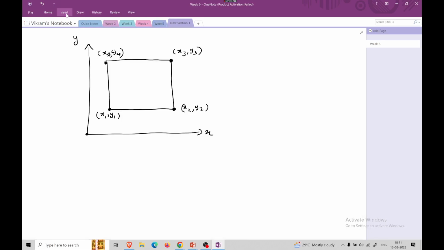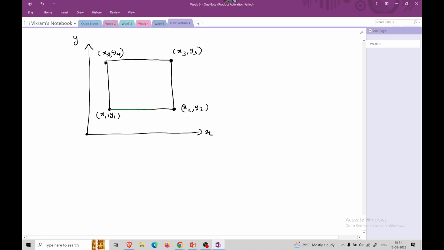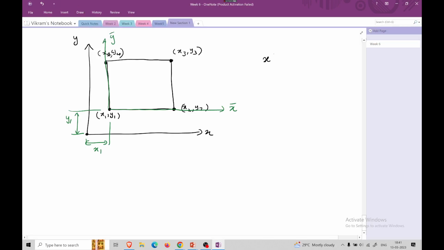If I insert a new coordinate system like this, I am simply shifting the coordinate system to here. So this will be my x bar1, this will be my y bar1. What is the relationship between x bar and x? x is nothing but x bar plus x1. So x bar is here, and if you add x1 you will get x. Again y is equal to y bar plus y1.